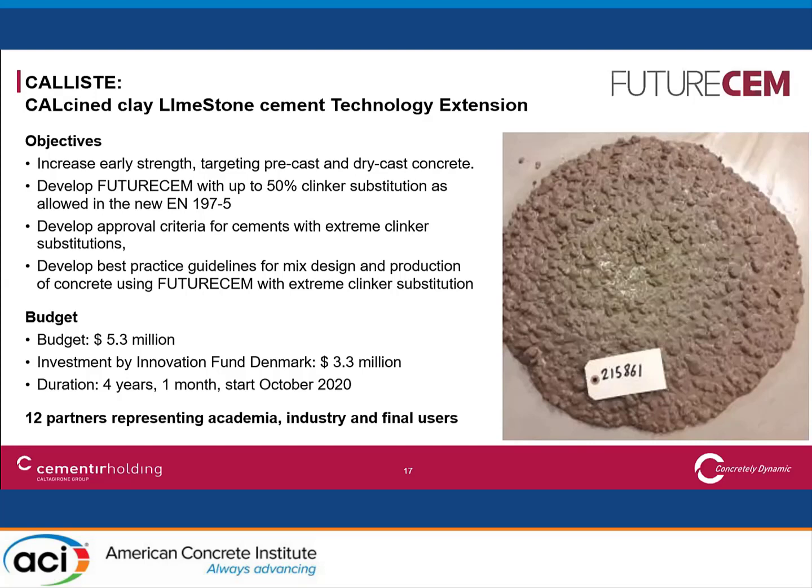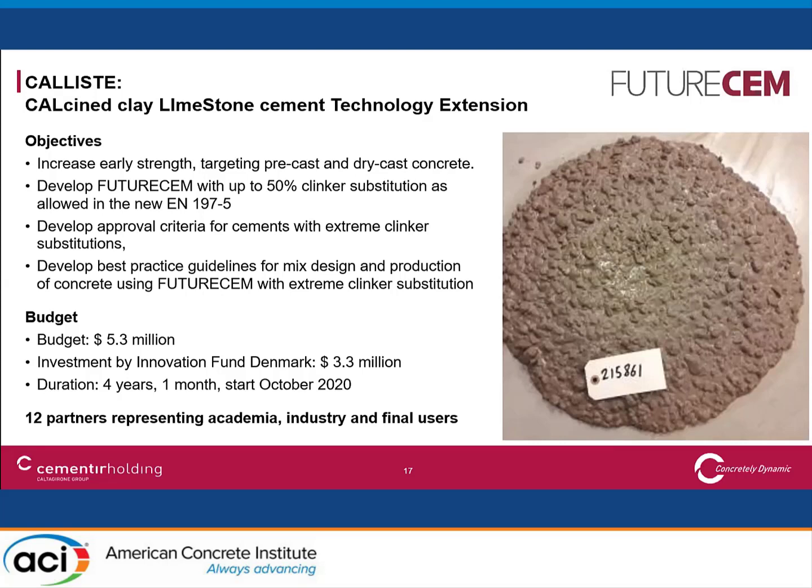Even though the element producers can use the present FUTURECEM, they still would like higher early strengths. So we want to activate the clinker or the clay, so that we get higher early strengths. And this is what we're going to work with in the next 4 years.